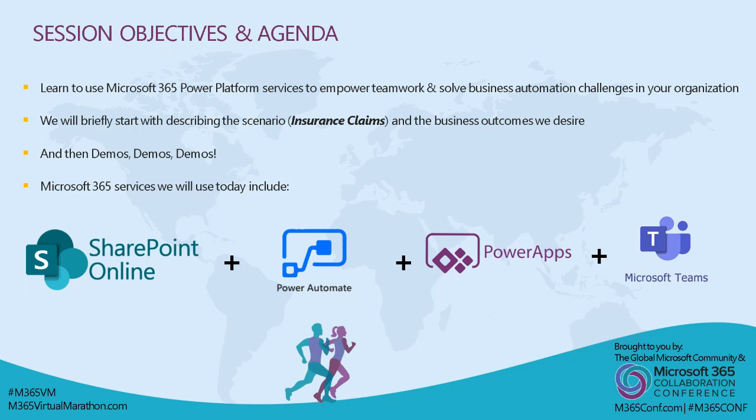This session is going to be focused on demos. The services we're going to be showing today are a plethora of all the fun Microsoft 365 services, including SharePoint Online, Power Automate, Power Apps, and Microsoft Teams. And we're going to fit them all together in one happy family.